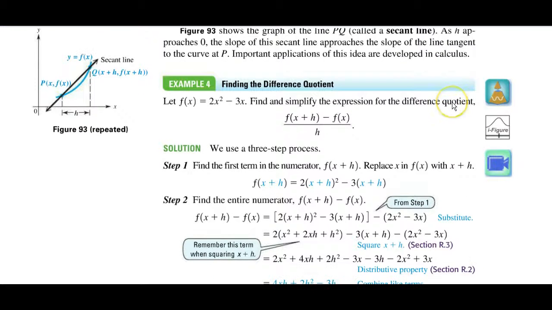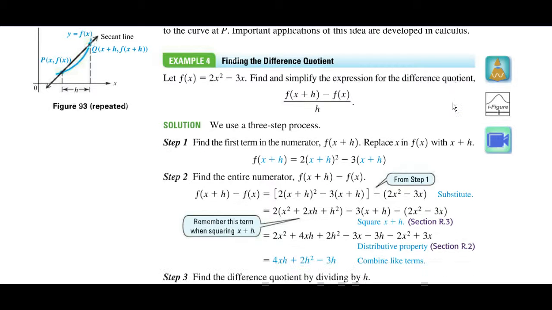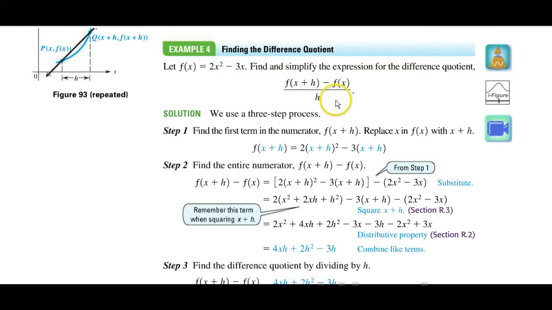Finding the difference quotient. So there's a formula, and there's our function. To solve this, we're going to use what they show here, because it gets kind of tedious should I try to write it out over there.